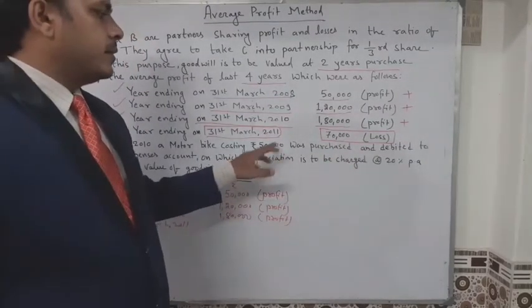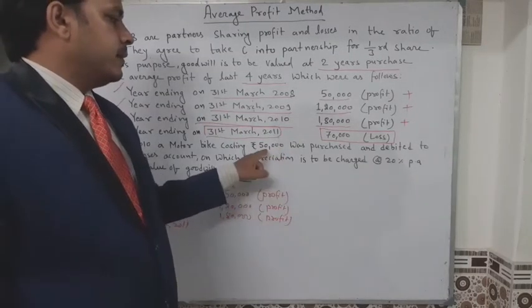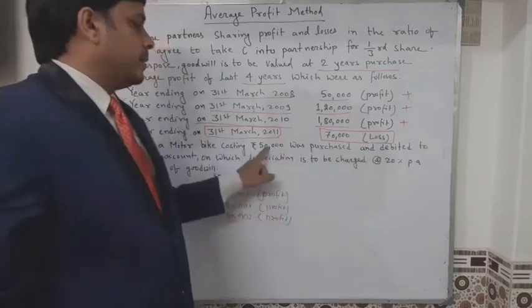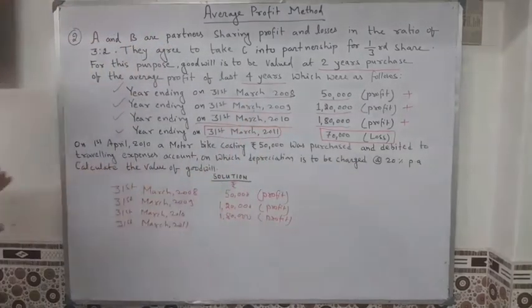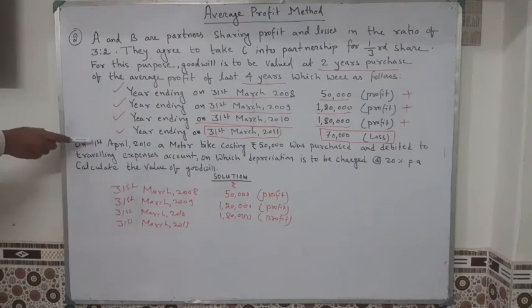How? 10% of 50,000 is 5,000 and another 10% is 5,000, so 20% depreciation is 10,000. Then how will you do it? Try to understand. Cost of motorbike was wrongly debited to travelling expenses account. After rectification, the loss of 2011 will be reduced by 50,000.